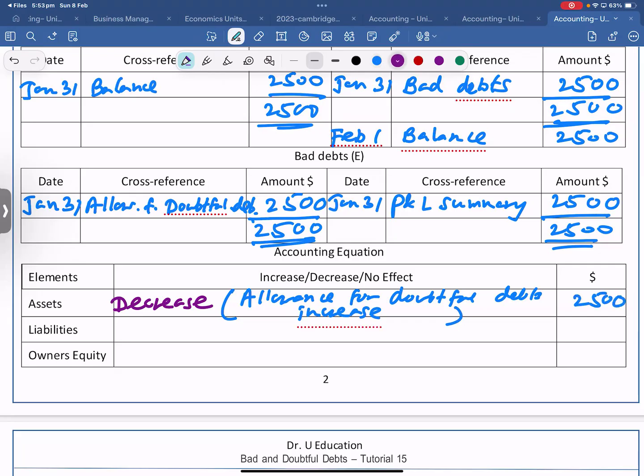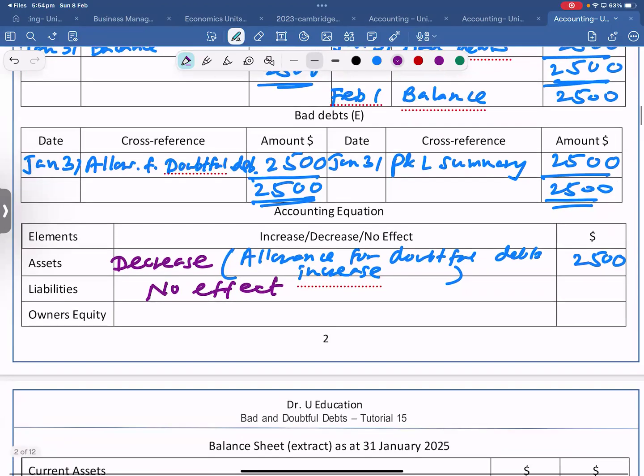And then liabilities? No effect. And equity? Decrease. Why? Because bad debt expense increases.